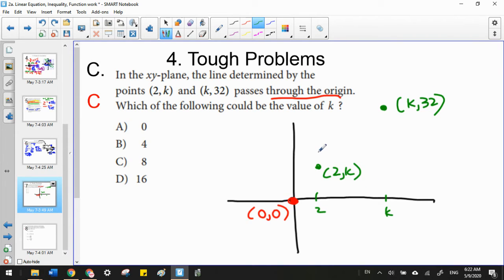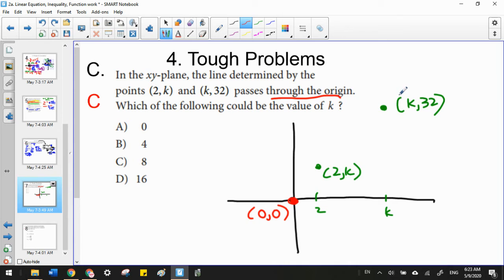And right now you might be thinking, I'm not really sure what we can do to find the value of k so that this ends up being a straight line that passes through the origin. So we're gonna walk through a little bit of the concept, and then I'm gonna show you some cool shortcuts.